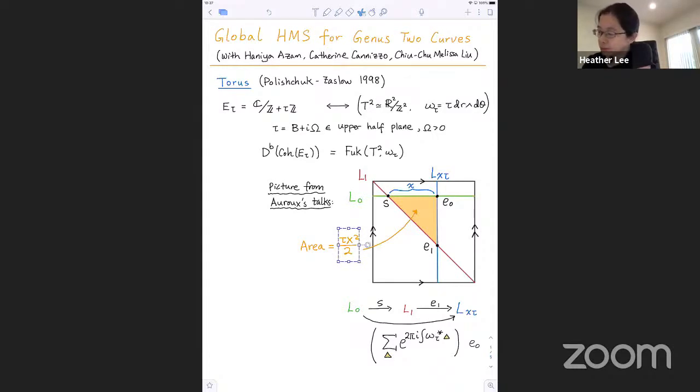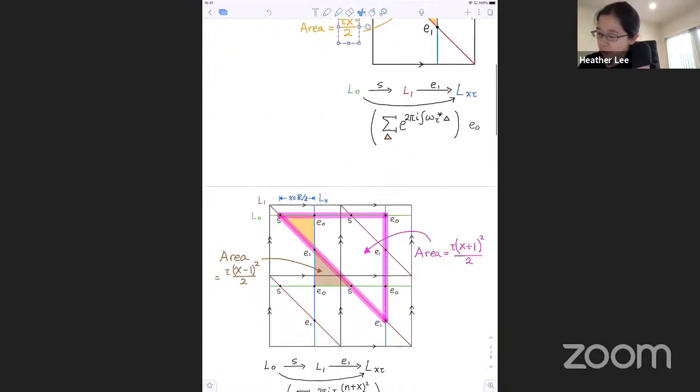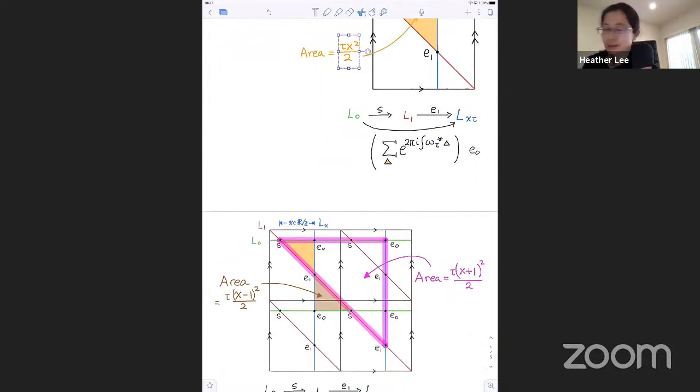So they are easier to see in the universal cover of the torus. So here I've drawn the universal cover of the torus. Actually, I've only drawn 4 copies of the square. So here you can see that this orange triangle is the triangle that we had before up there.